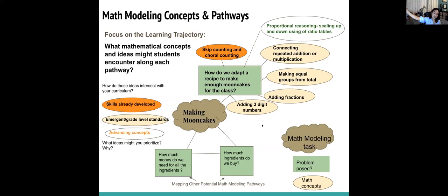But also looking at the horizon of thinking about proportional reasoning, I saw some of our middle grade teachers talking about ratio tables and scaling up and down. So this is a really nice modeling task that was really connected to their culture and their community, but also it provided this kind of anchor for all the math that they were learning.